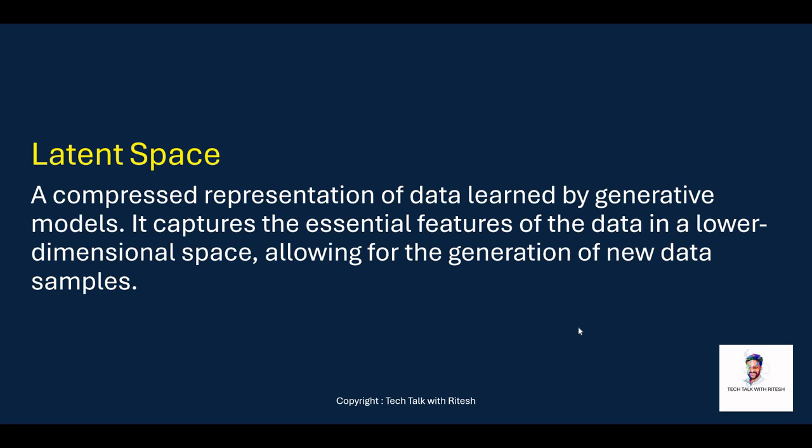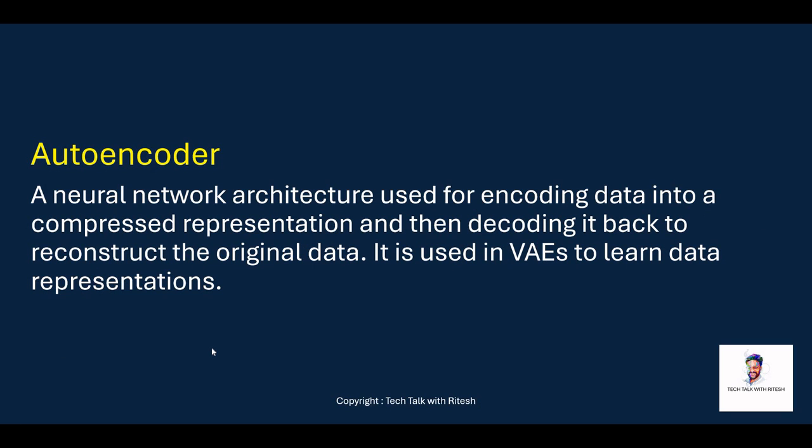It captures the essential features of the data in a lower dimensional space, allowing for the generation of new data samples. Then we have autoencoder: a neural network architecture used for encoding data into a compressed representation and then decoding it back to reconstruct the original data. It is used in VAEs to learn data representation.